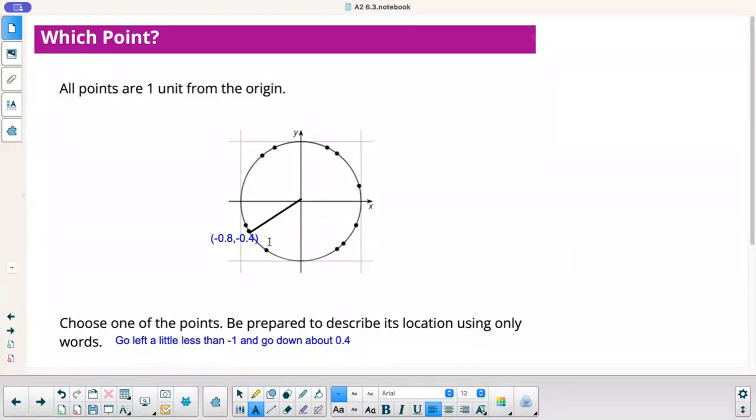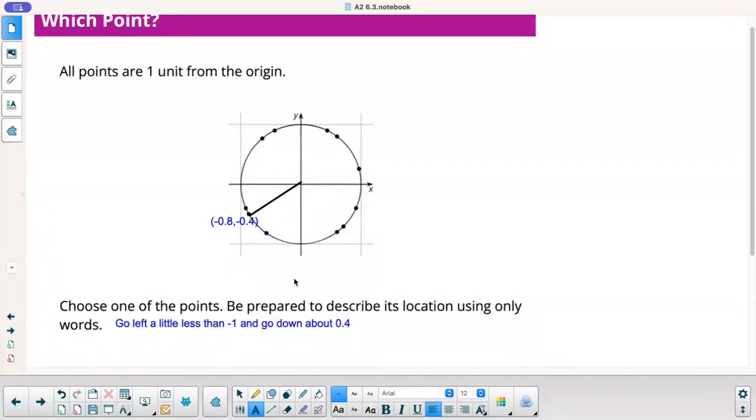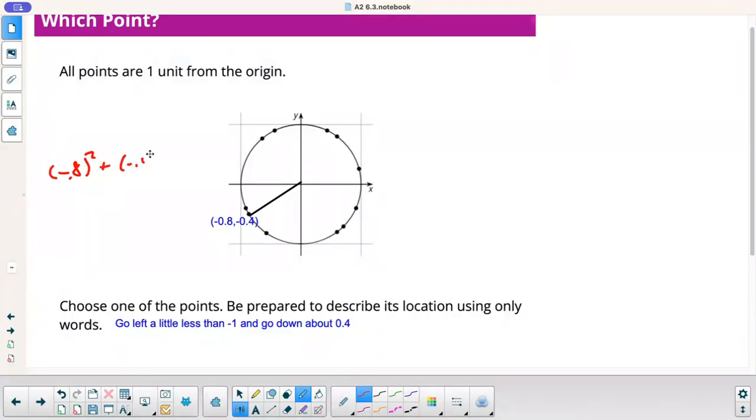Looks like a little less than half, but now if I plug this into the Pythagorean theorem and it doesn't fully fit, if I don't get it equal to 1, then technically that point's not on the circle. So to make sure that point was fully on the circle, you'd have to do -0.8 squared plus -0.4 squared and see if that equals 1, which this is not going to work.